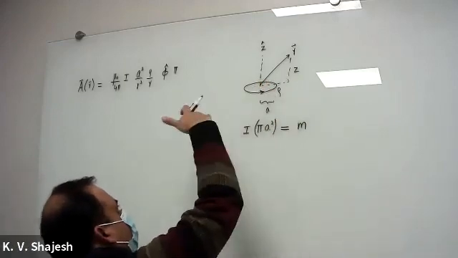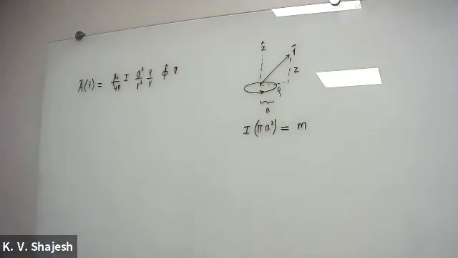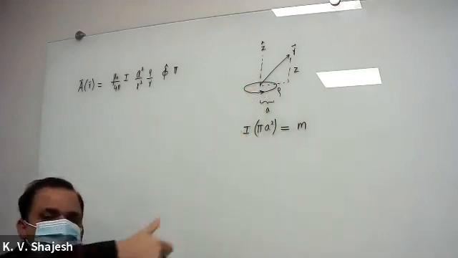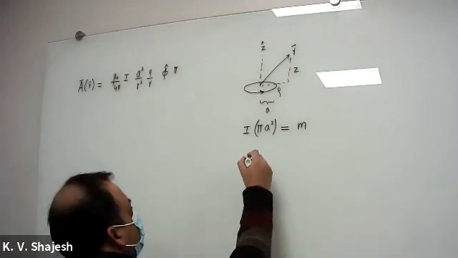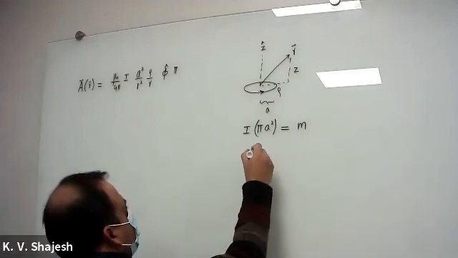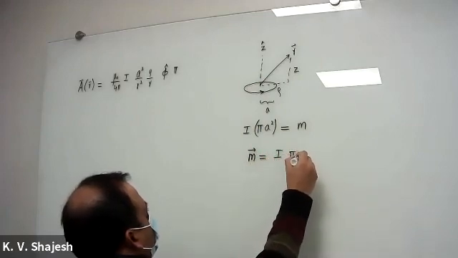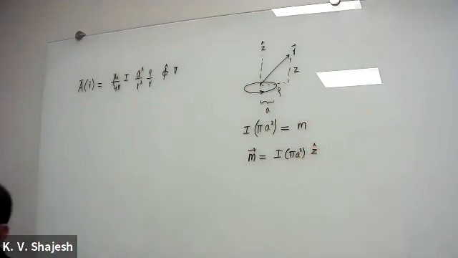A loop of wire has a surface. What is its direction? It is perpendicular to the loop, and the sense of current in the wire actually gives you the direction to be in the upward direction. So if you talk about the vector magnetic moment, that's I times pi a square, which is area, times z hat. That's your magnetic dipole moment.